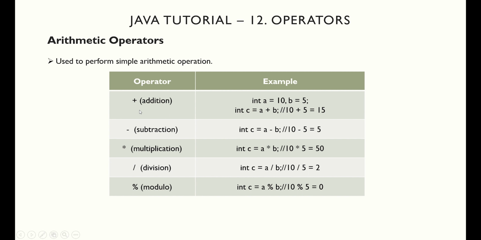Additive operators are addition plus symbol, subtraction minus symbol. The addition plus symbol is also used to perform concatenation of string variables. You might have seen me using the plus symbol on many occasions to combine two strings on example section of many videos.